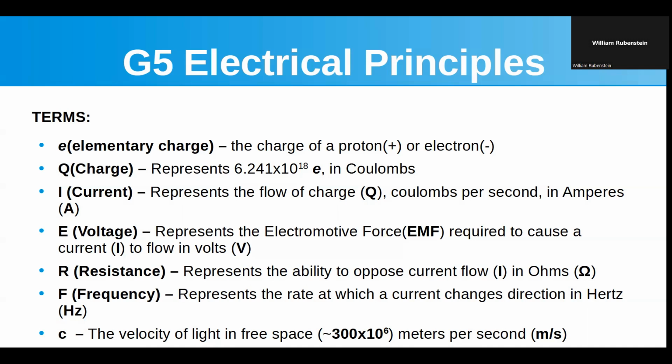We measure it in volts. In formulas, we represent it with E, electromotive force. We use capital I for current, like in Ohm's law: E equals I times R, and R for resistance, which we measure in ohms.